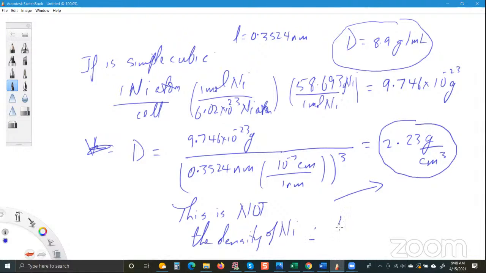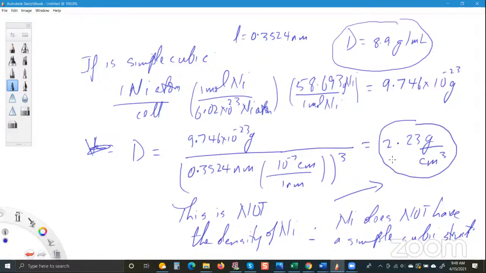Therefore, nickel does not have a simple cubic structure. All right. So that's basically how that example works out.